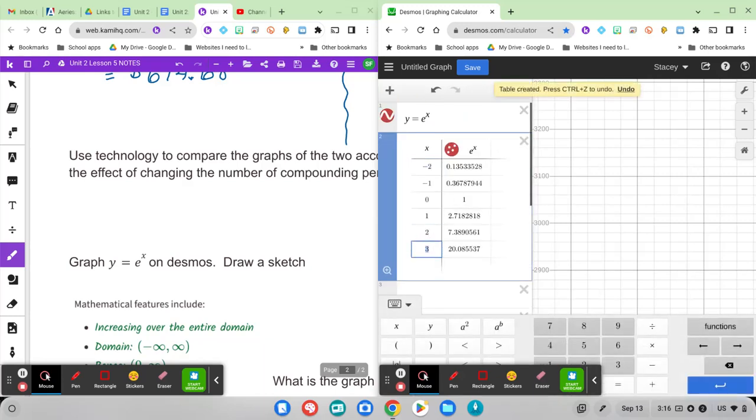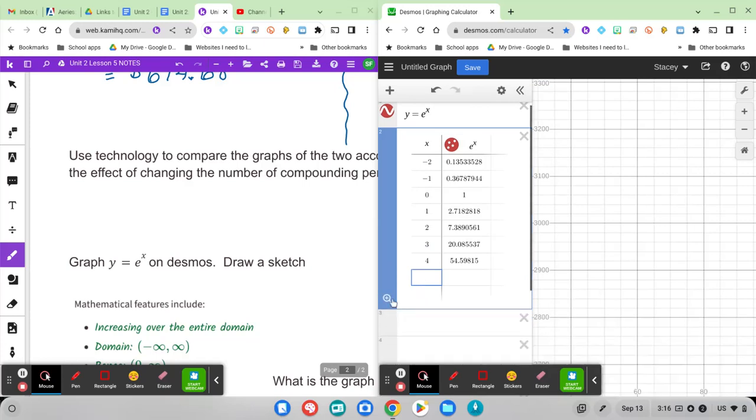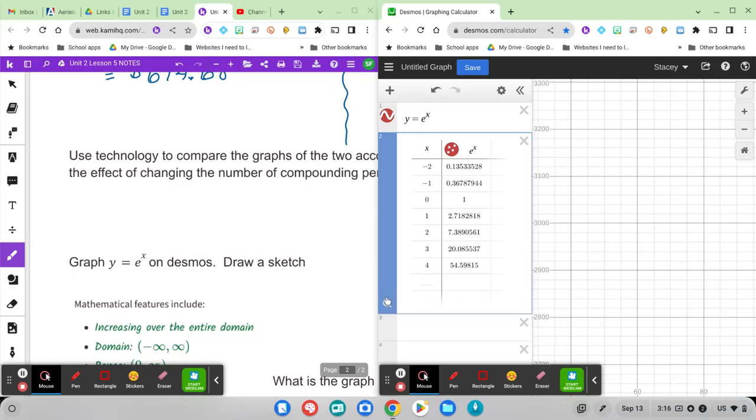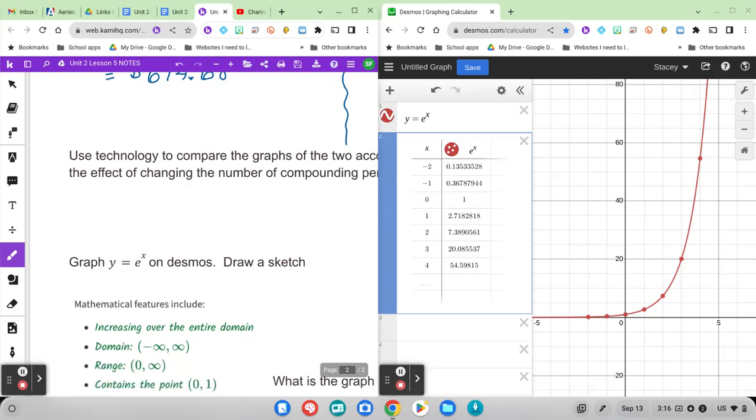And you can even add more numbers. You can even make your own number. So if I said 10, you can see what it's going to be, but that's way too high. And neat thing, if you click on this little magnifying glass, it's supposed to zoom it in so you can actually see what it looks like.